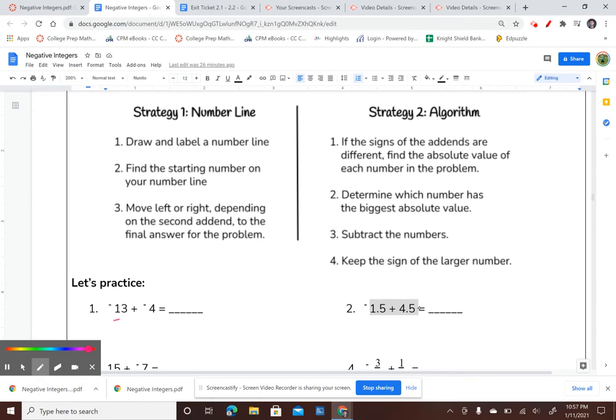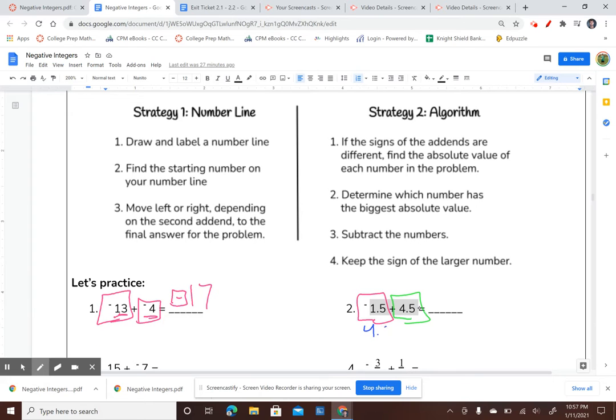In this first problem, we have negative 13 plus negative 4. So my answer is just going to be negative 17, right? Add the two numbers. They're both negative, so we keep that negative sign. And now we're looking at problem 2. This time we have a negative number and a positive number. And so what I'm going to do here, since they're a positive and a negative number, is find the difference between them.